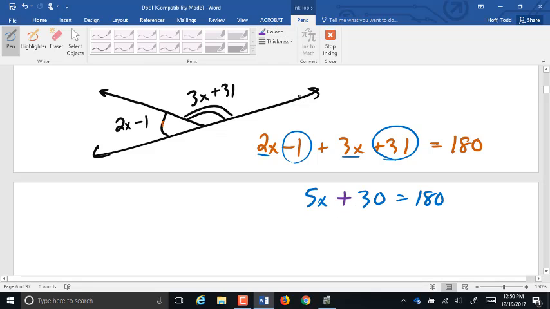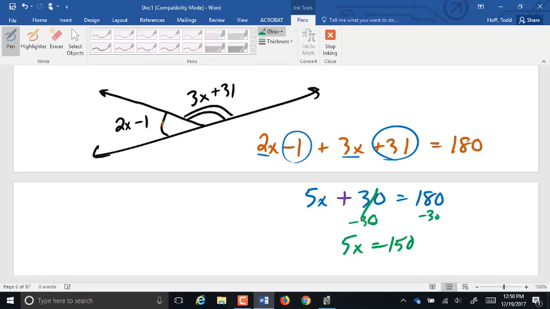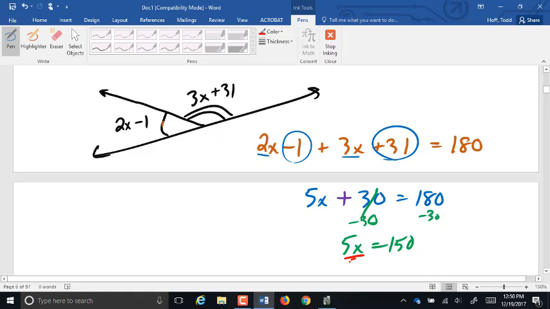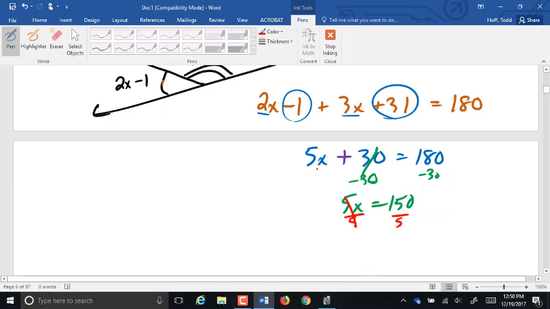I'm going to subtract the 30. 5x equals 150. And then divide by 5. Gives us x equals 30.